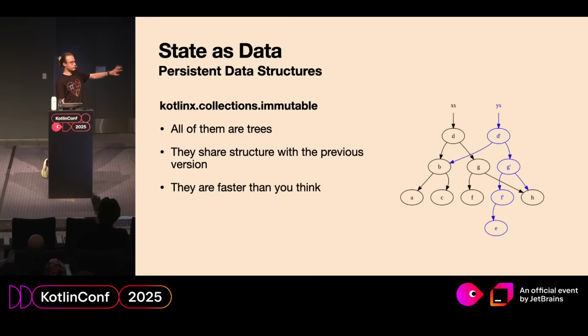They are very high branching factor trees, so you never do more than 6 lookups, 6 pointer chases when you look up stuff in there, unless you have collisions, of course. And they share a lot of structure with the previous version when you create the next one, so that your overhead in terms of copying isn't that big. You just copy 6 nodes at most in a really populated collection. So use them, they are very good.